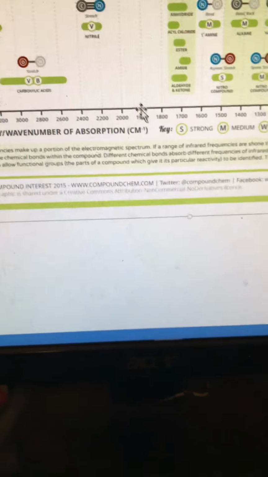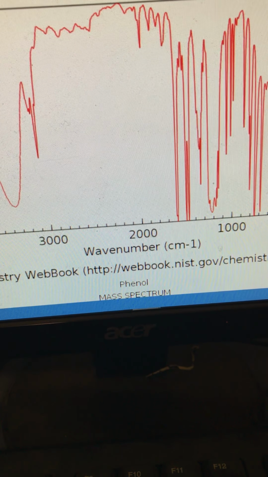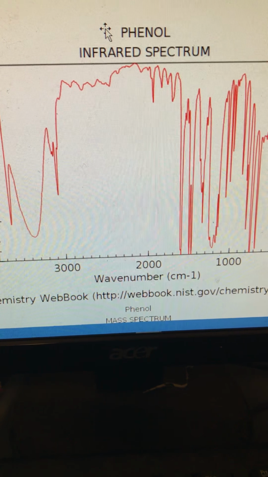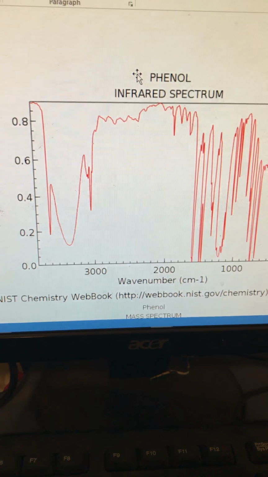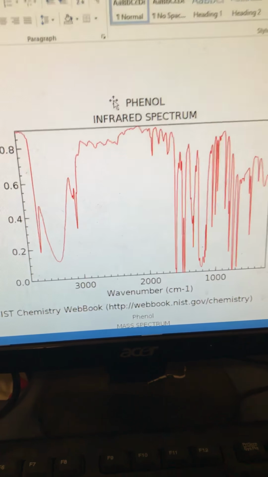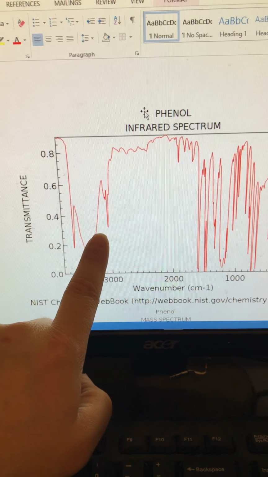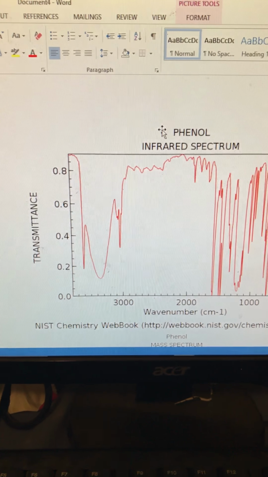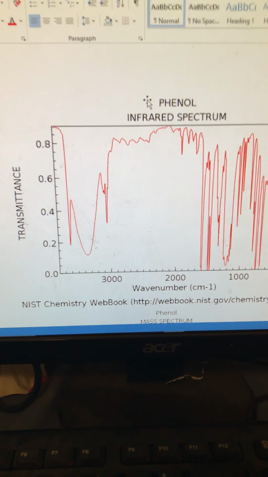We will begin by looking at the IR for a phenol, which is C6H6O. As we begin, we will analyze the 5 zones. We will look at each peak and try and give a definitive functional group to each peak.